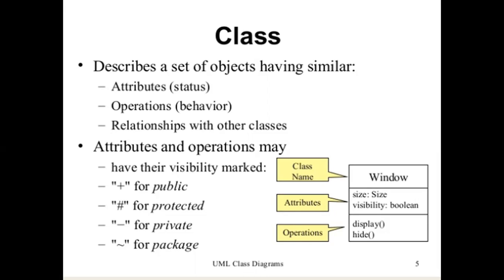Public means it can be accessed by another class. Protected means within the class you can access it. Private means only within the class you can access the variable, operations, or attributes. And the next one is package. So there are different types of visibilities in a class for attributes or operations.